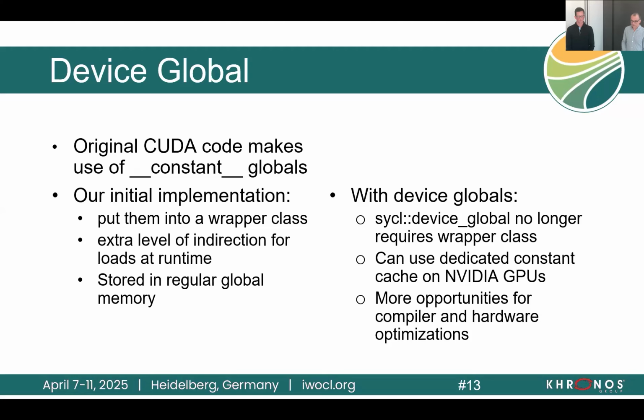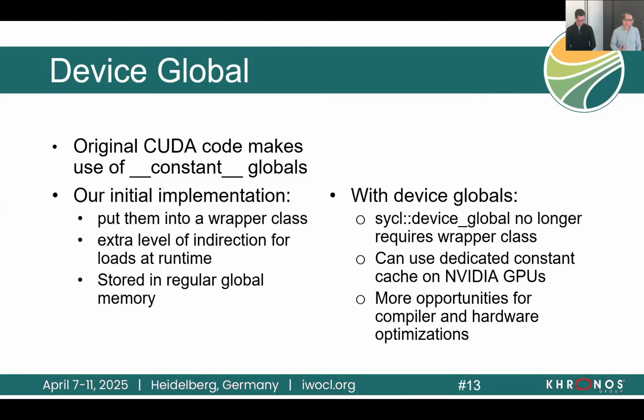Device globals were important for the CUDA backend, especially because NVIDIA hardware has a separate constant cache that in Cycles is being used for passing in arguments and certain important pointers. And our SYCL implementation didn't do this in the beginning because there weren't really these global variables in SYCL.